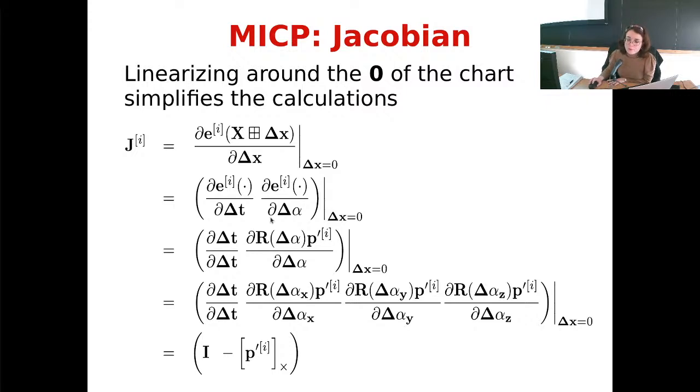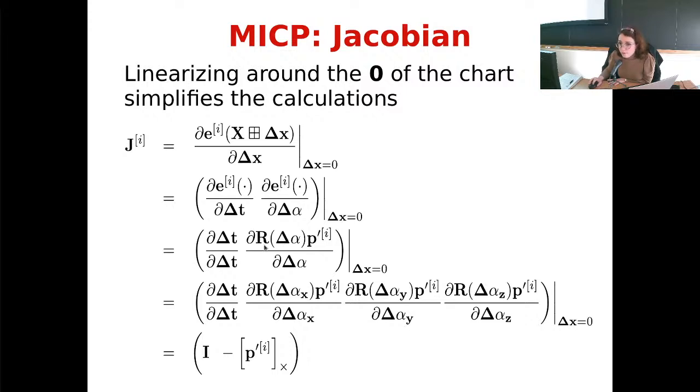Then we can move a step further, and recalling that the error is R(delta alpha) p_i prime plus delta t, and that p_i prime does not depend neither on delta t nor on delta alpha, then we have that the derivative of the error with respect to delta t is equal to the derivative of delta t with respect to delta t, because R(delta alpha) p_i prime does not depend on delta t.